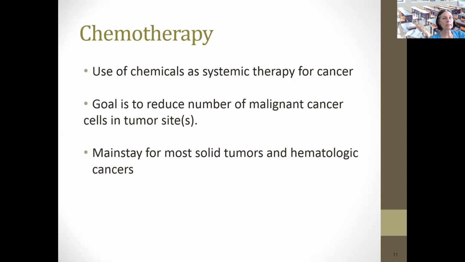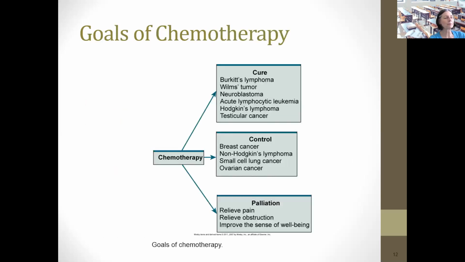Chemotherapy is the mainstay of treatment for most solid tumors after we've done surgical removal. It's also the primary treatment for leukemias, lymphomas, and the other hematologic cancers. It's hard to do surgery on a hematologic cancer or radiation, because radiation causes hematologic cancers, although we do it sometimes. So the goals of chemotherapy, again, cure, control, or palliation.